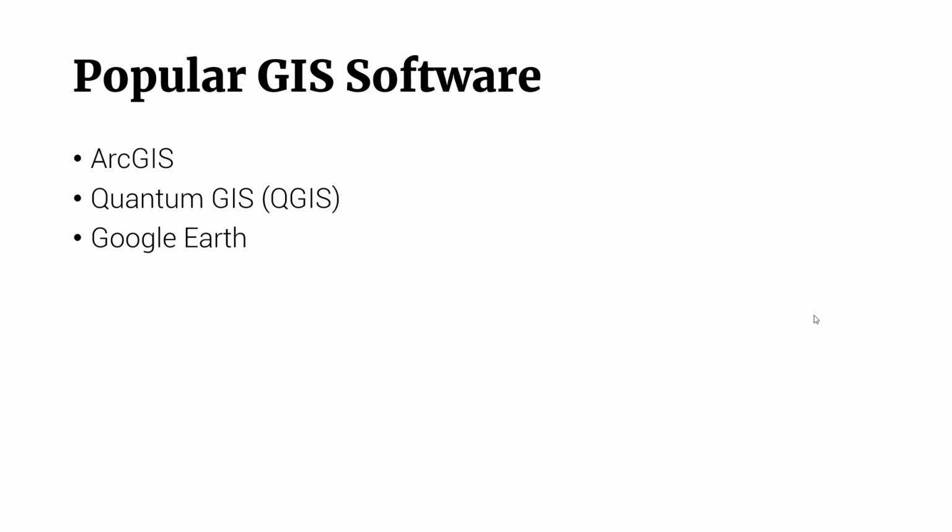Again, these are the key features of Quantum GIS. Number one is open source, no? Allowing users to access and modify the source code. This fosters collaboration and a supportive community of users. So that's number one, open source. Number two is plugin support. The software supports a range of plugins, enhancing its functionality and allowing users to customize their GIS software.